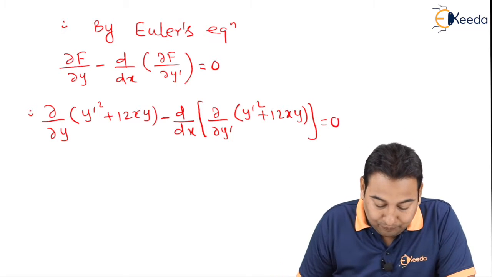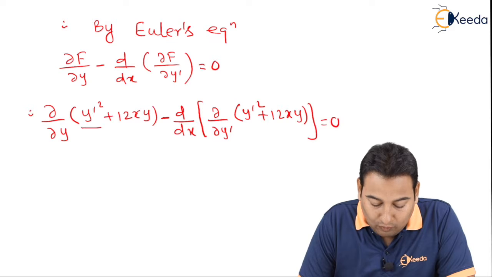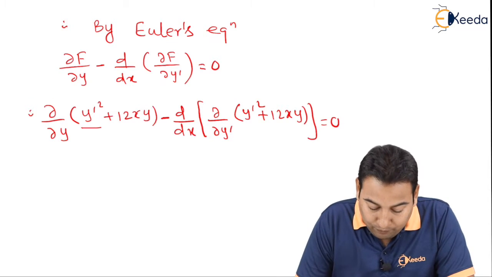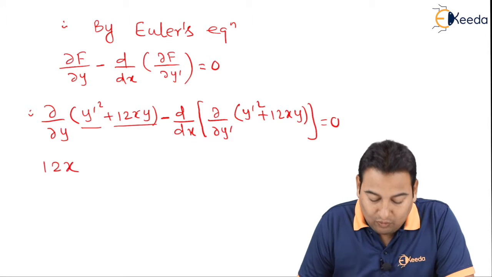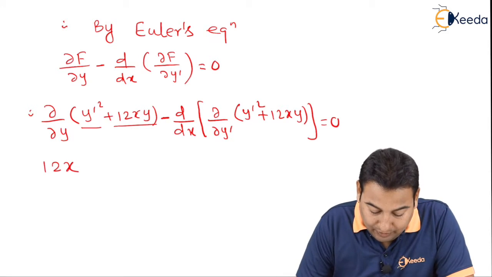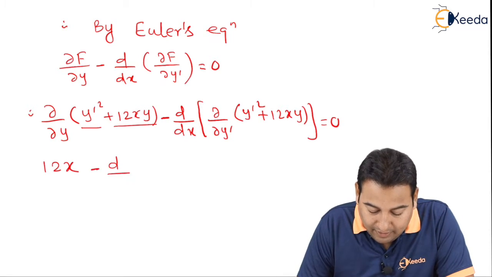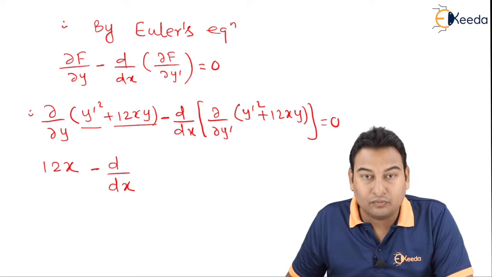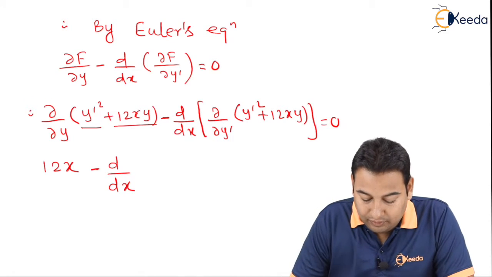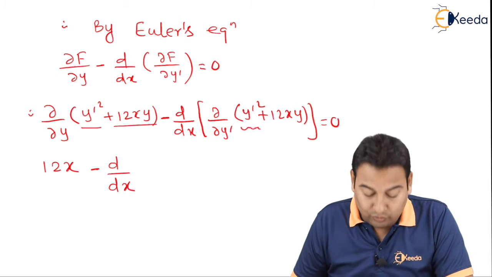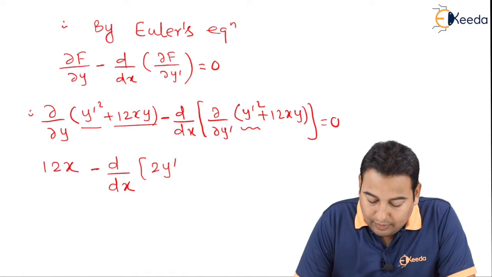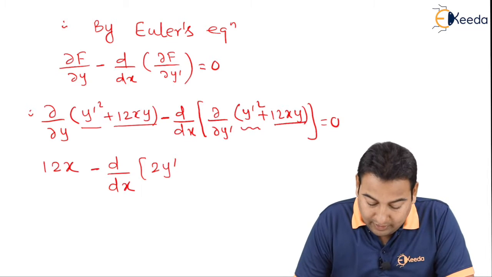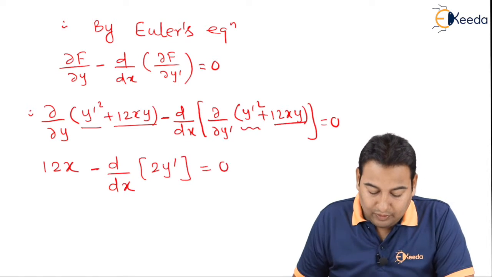Let's differentiate. With respect to y, y dash square derivative is 0, and in 12xy, 12x is constant, y derivative is 1. Minus d by dx of, with respect to y dash, y dash square derivative is 2y dash. This term is constant, derivative is 0.